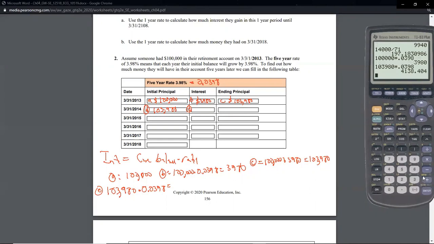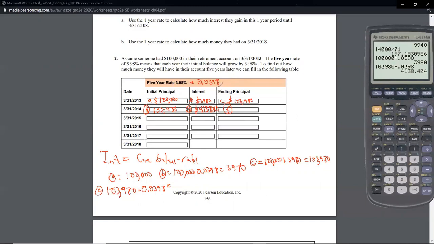And we get $4,138.40 rounded to the nearest penny. 4138, so this is dollars still. 4138.40. And then block F, we're just going to take block D and block E and add them. What we had in the account plus what the bank just gave us for free.